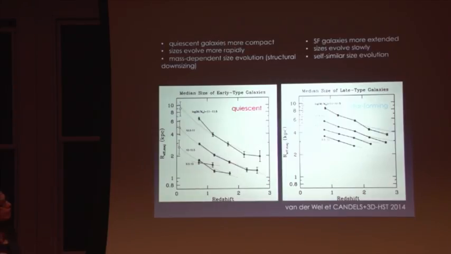And the evolution of star-forming galaxy sizes seems to be more or less self-similar. It doesn't depend on the mass; it just shifts down. While for the quiescent galaxies, it seems to depend on the mass. So again, these two different kinds of galaxies, in addition to having different stellar populations, have sizes that are evolving in very different ways.